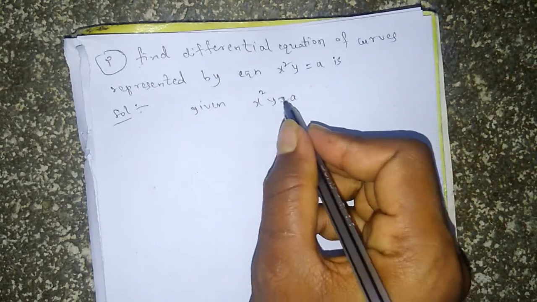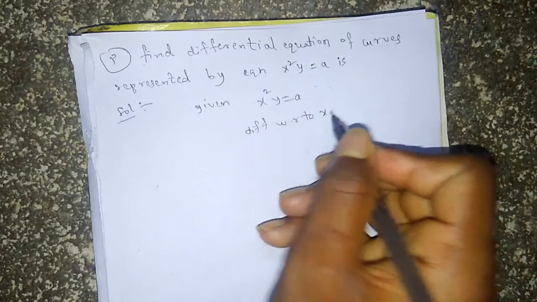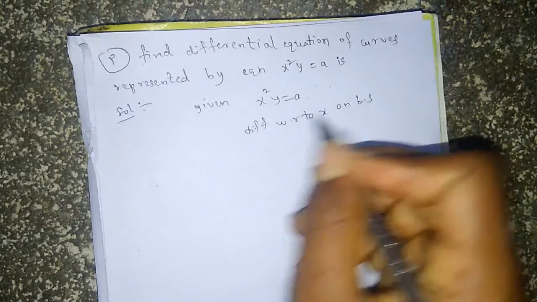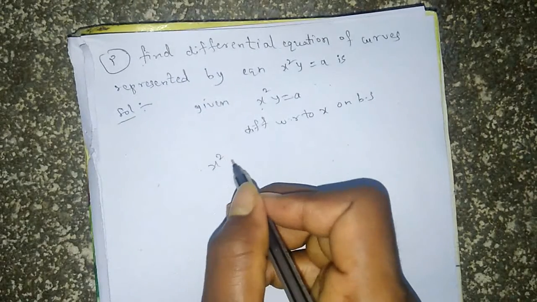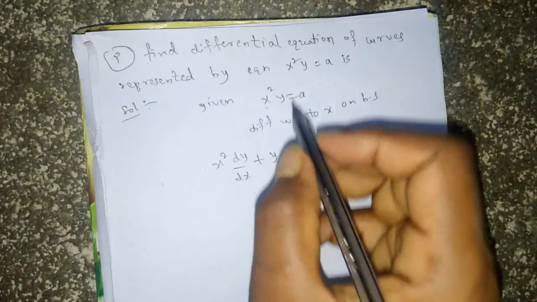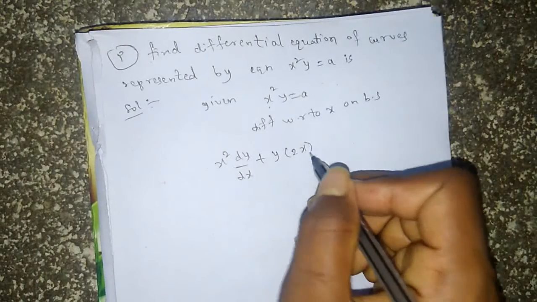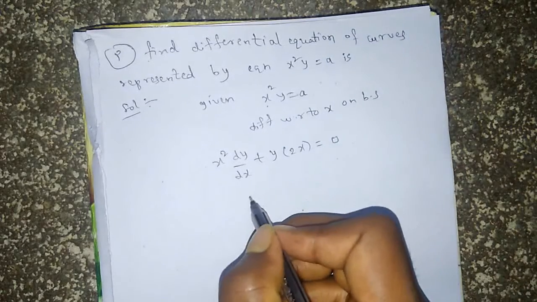Here we have one arbitrary constant, so differentiate one time with respect to x on both sides. Apply the product rule: x square into the derivative of y, which is dy by dx, plus y into the derivative of x square, which is 2x, is equal to 0, since a is a constant and its derivative is 0.